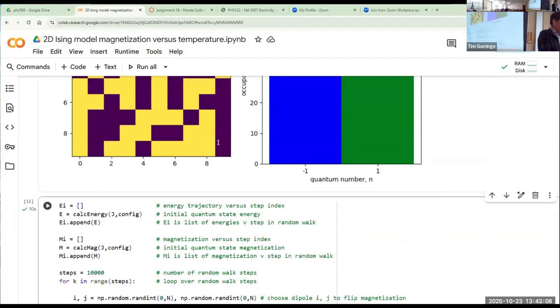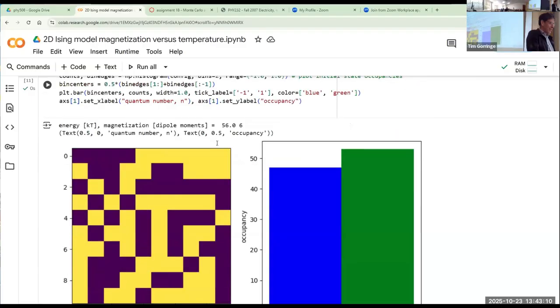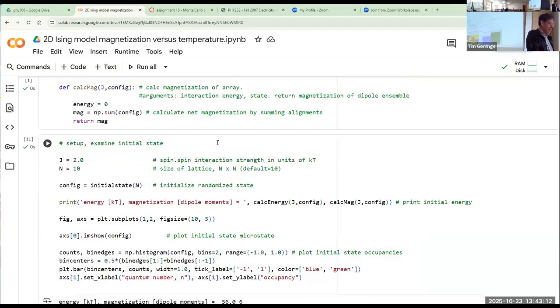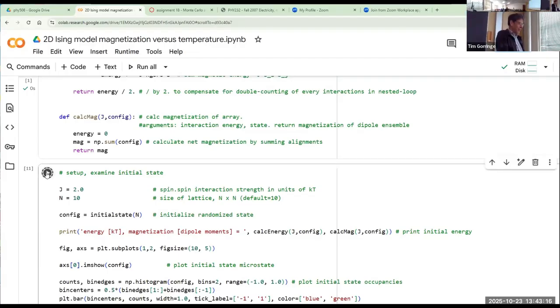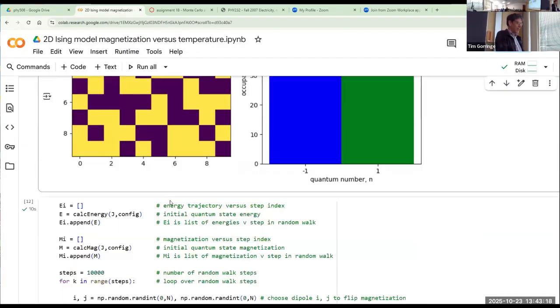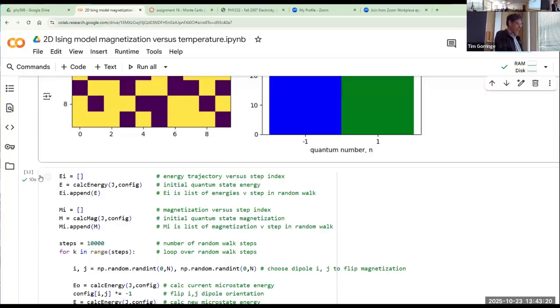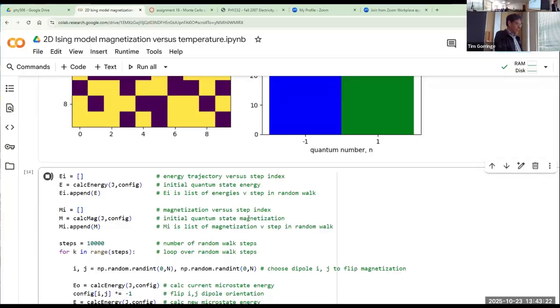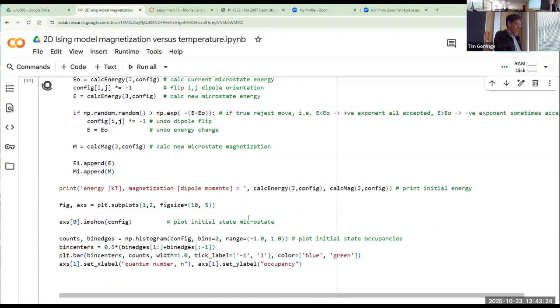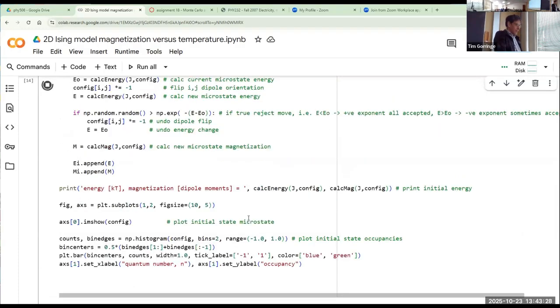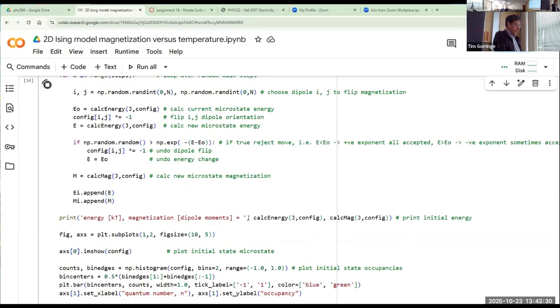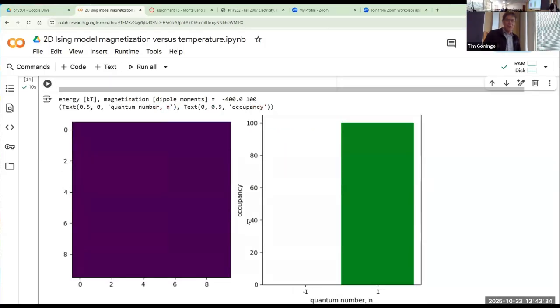Let's run that one more time, just to see if we get the same. I think I'm not setting the seed, so we should get a different case randomly this time. This is what I was expecting the first time.